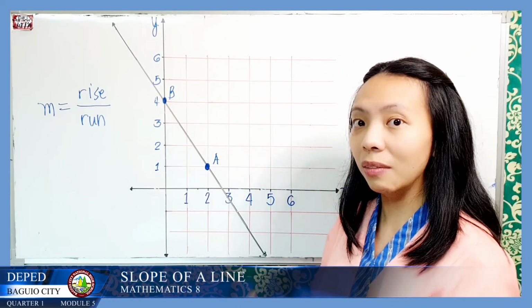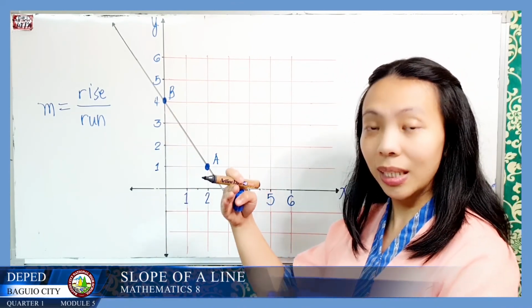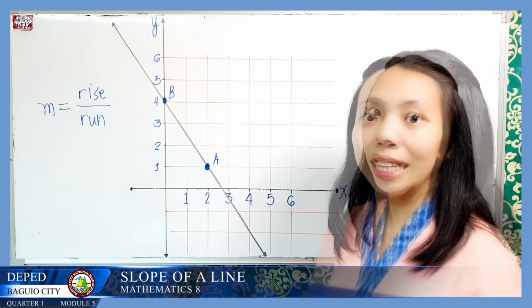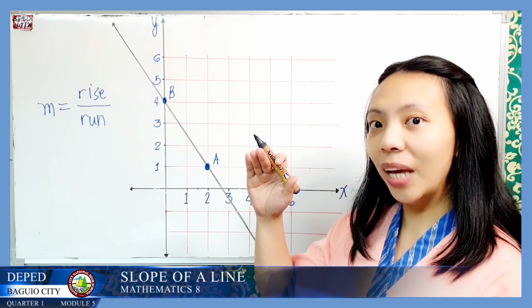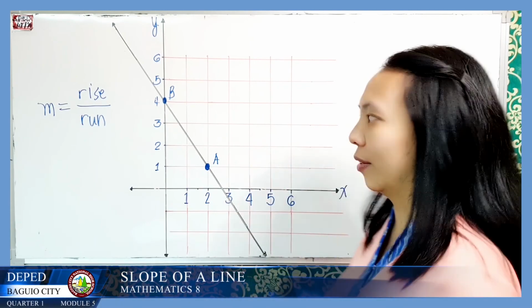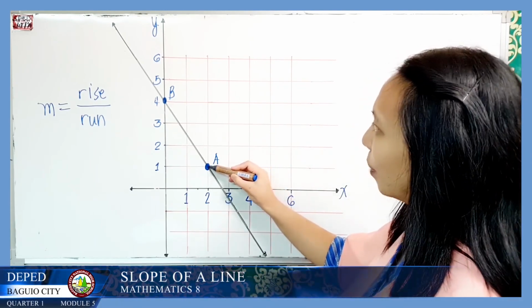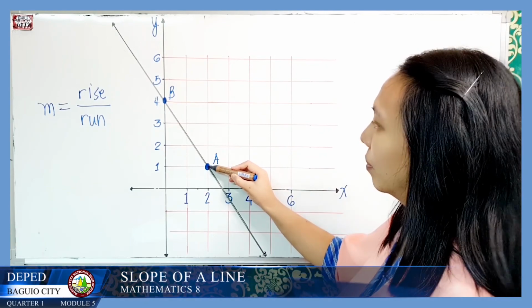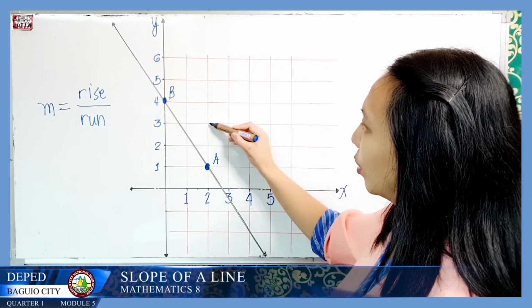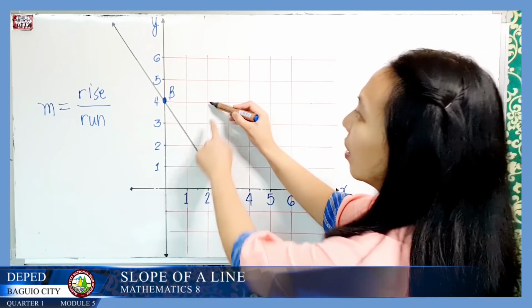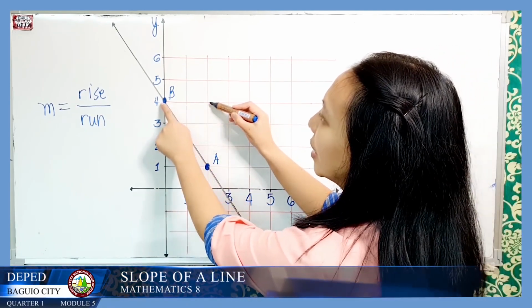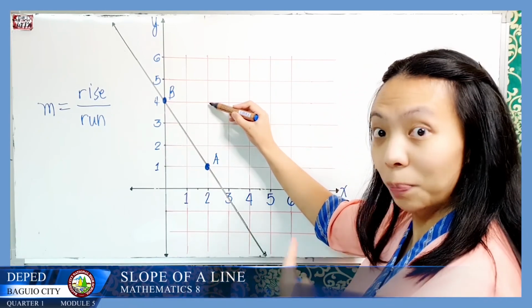We have to travel vertically first and then horizontally. Let us count the number of units moved up and then to the right or to the left. From point A, how many units are we going to move up? 1, 2, 3. We'll stop there. Why? Because we are already aligned with the second point or the point B.